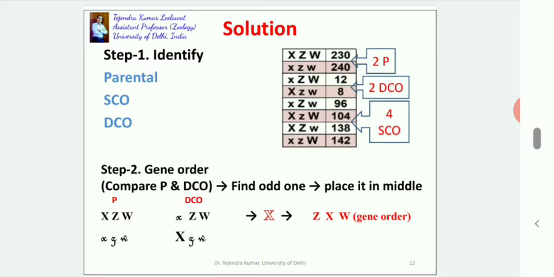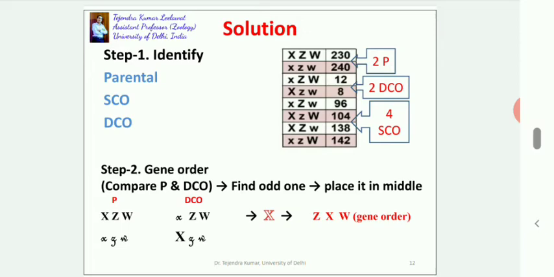So there are a total of 8 sequences: two parental, the highest two, 230 and 240, the lowest two are double crossover, 8 and 12, and all the middle sequences are single crossover, 96, 104, 138 and 142. These are actually phenotypic numbers, but the actual sequences are like X, Z, W, etc.